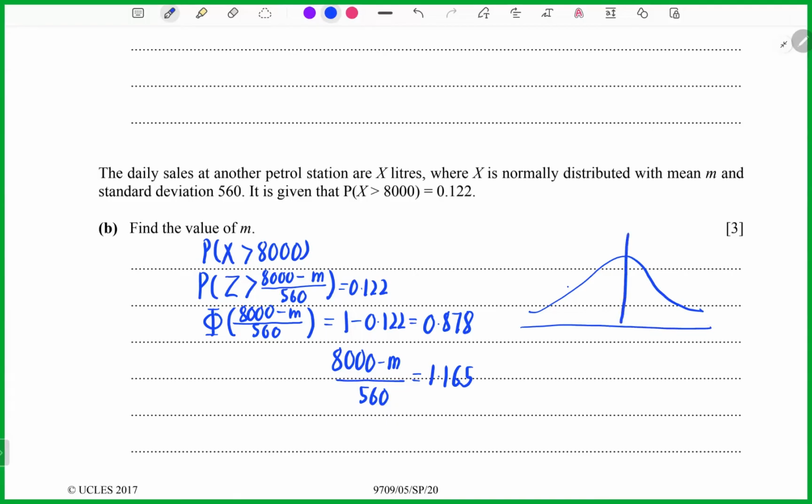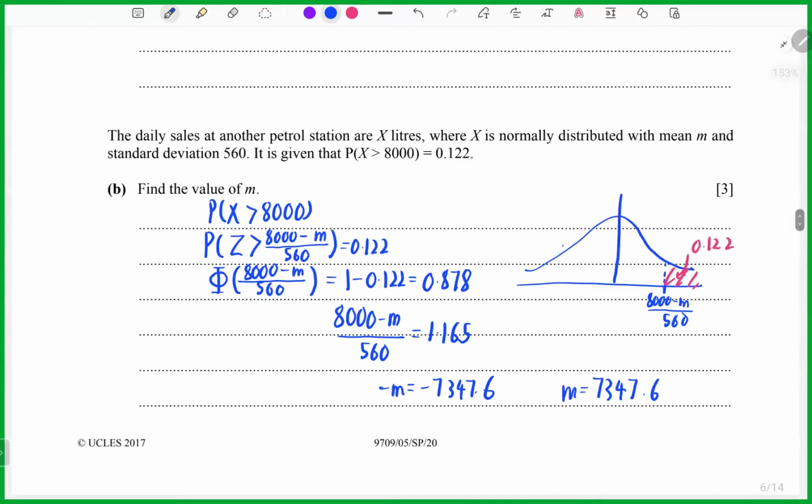Because it says less, it is 8,000 minus M. So the 0.122 is here, so actually you need to minus. So you will get negative M equals negative 7,347.6. So M will equal 7,347.6.